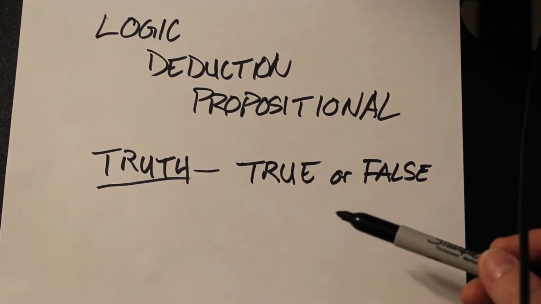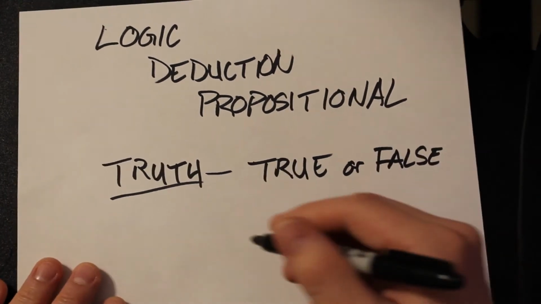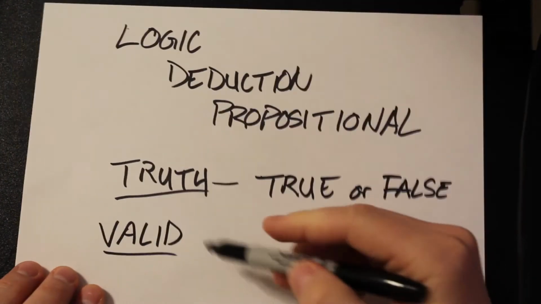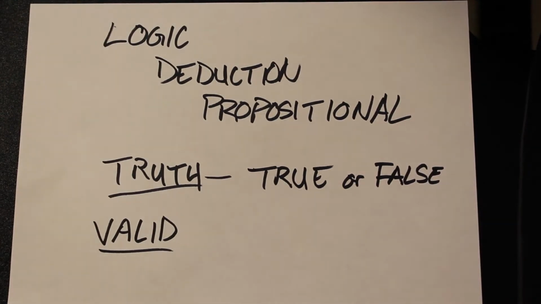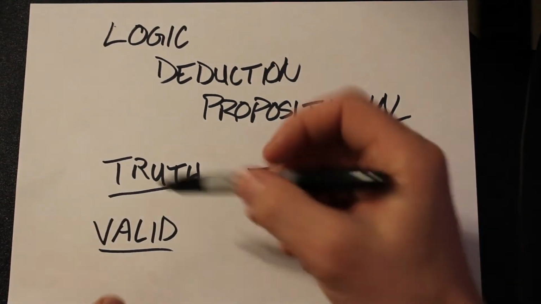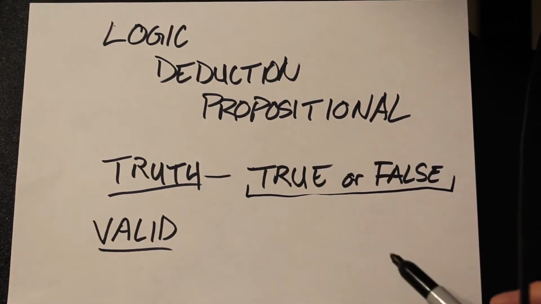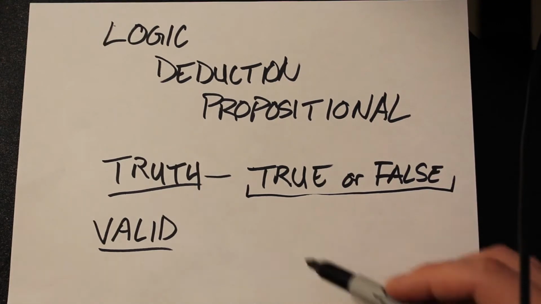Okay? Now, to talk about validity, if an argument is going to be valid, then the structure of it needs to be correct. So it has nothing to do with the truth or falsity of the given argument.